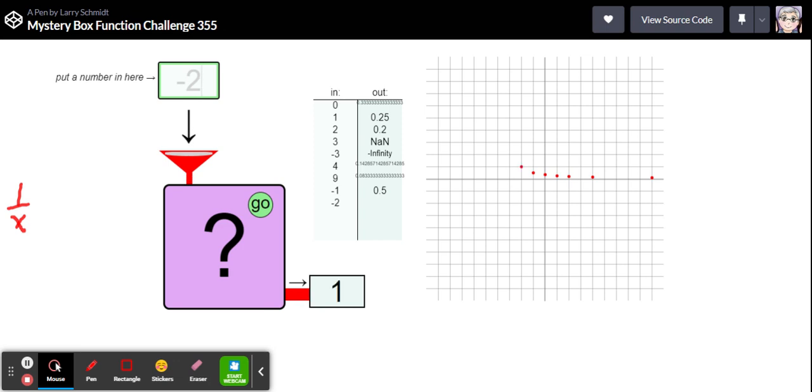I'm going to put in -2.5. And then let's put in -3.5, just to see what it's doing around that point I think is an asymptote. And then let's go on to -4. And maybe -8.